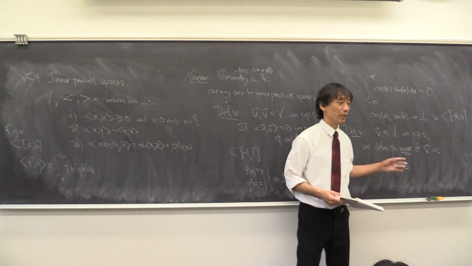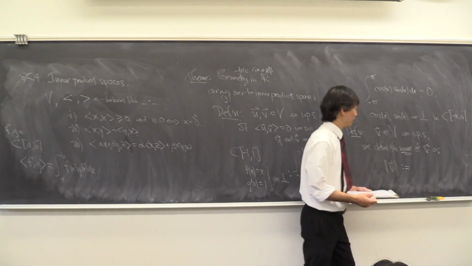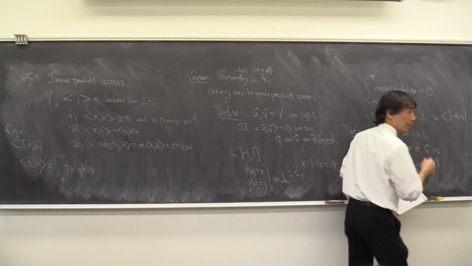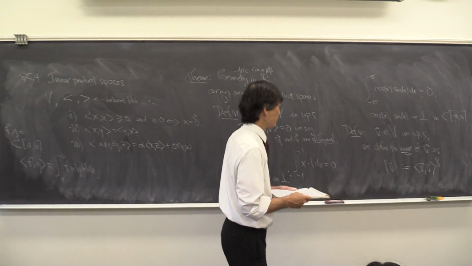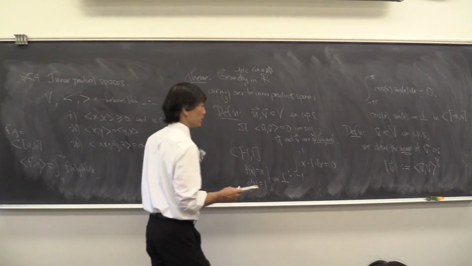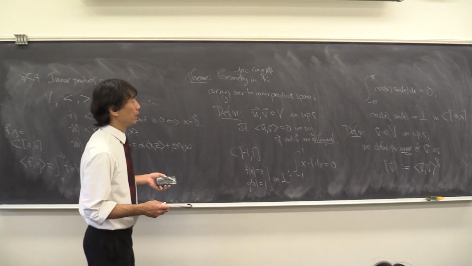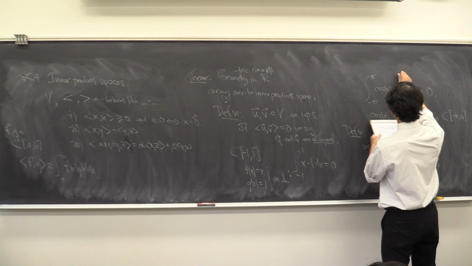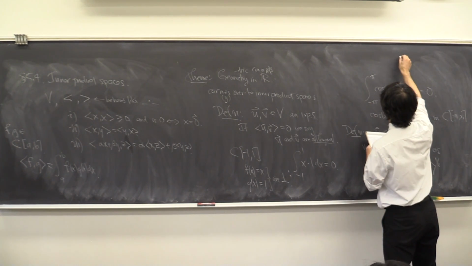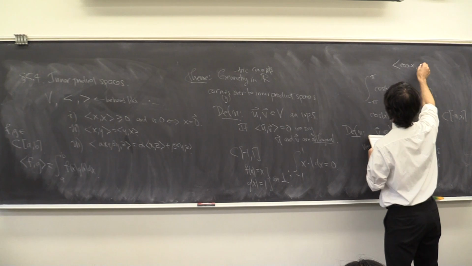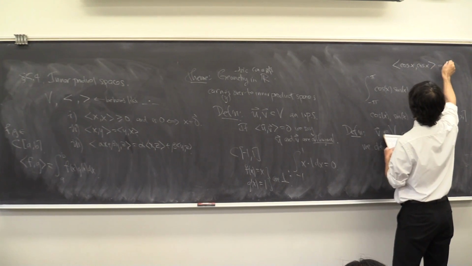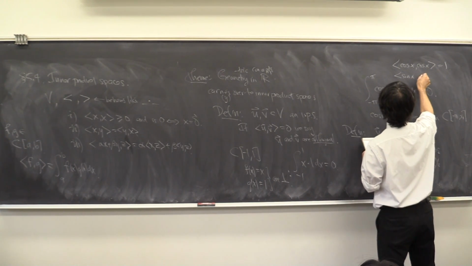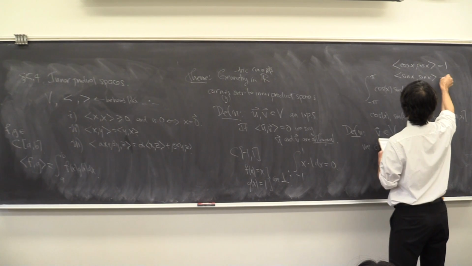It's dotted against itself, and then you take a square root. So same thing: we take the inner product of the vector against itself, and take the square root of that. So you can talk about the size of a function. If you take the cosine against the cosine, it turns out to be 1. So the magnitude of the cosine and the sine are both 1.